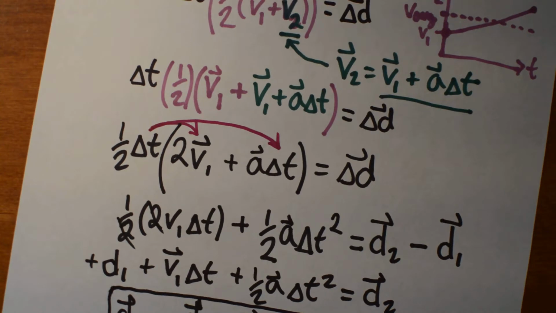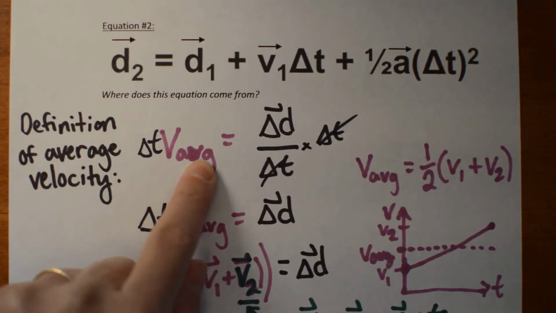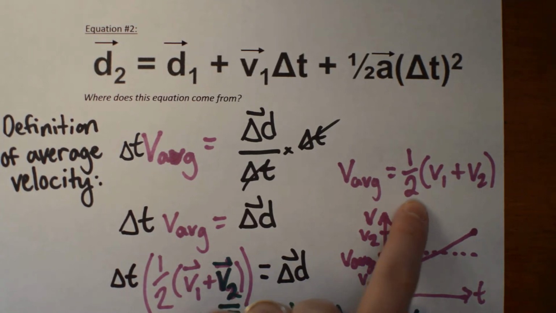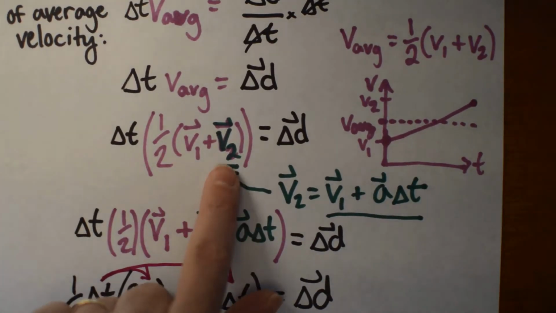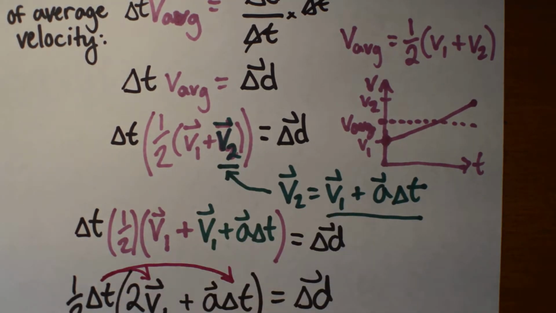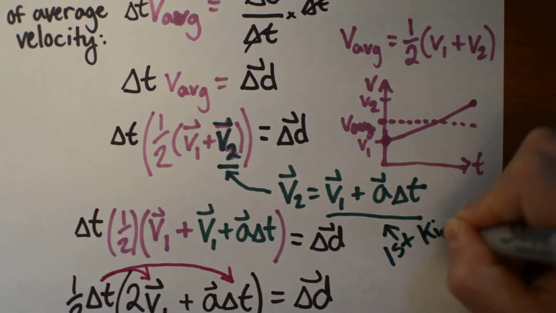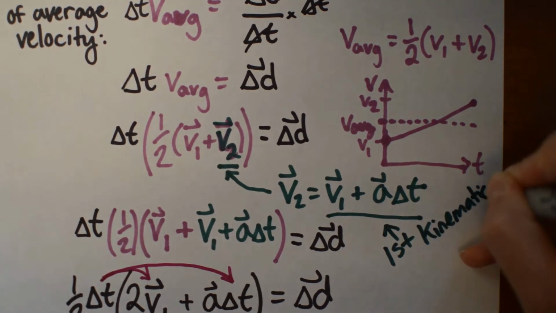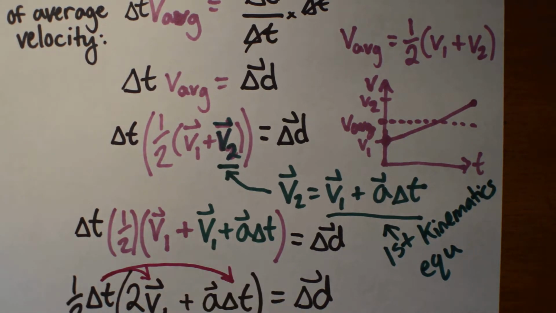So let's just go over where that came from again. We started with the definition of average velocity. We replaced average velocity with the initial plus the final velocity over 2. Then we replaced v2 with our first kinematics equation, right? So this here is our first kinematics equation. Once we snuck that in there, we simplified the inside of our brackets first.